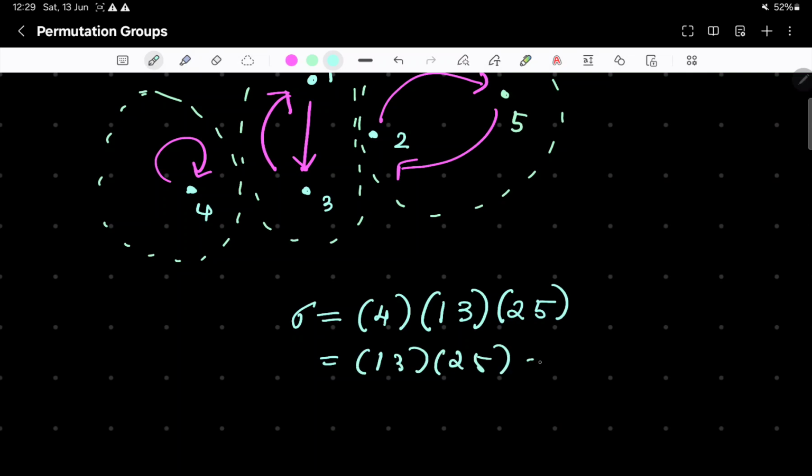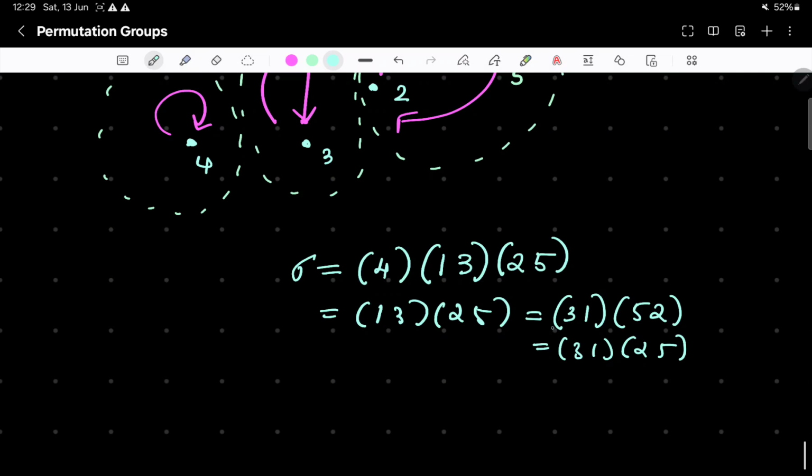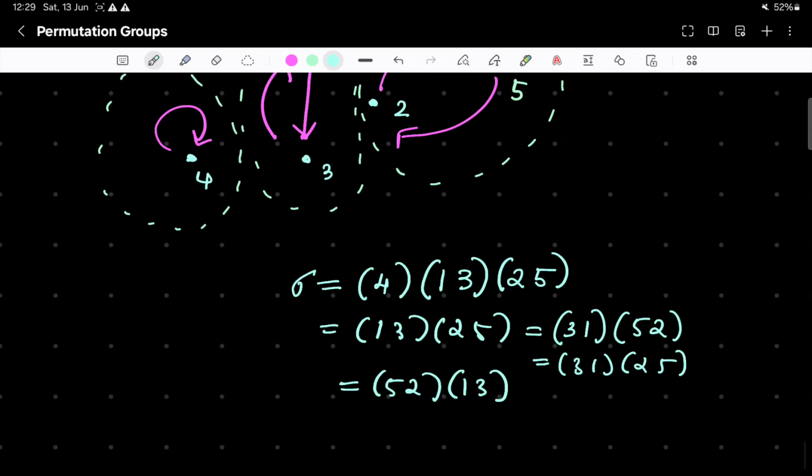This is actually equal to any of these: it can be 3 1, it can be 5 2, or you change only one. All of them are equal because of the cyclic nature, right? Even if you write the first element elsewhere, no problem, because wherever you draw the graph there is no change. So this is one type of notation.